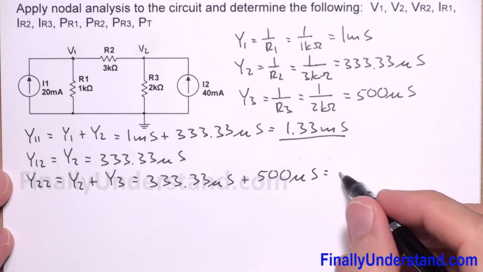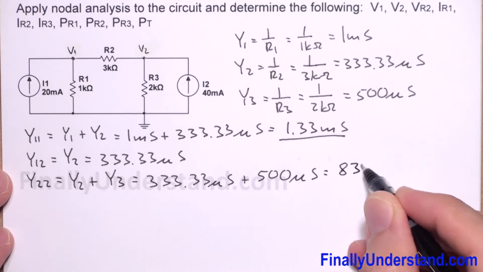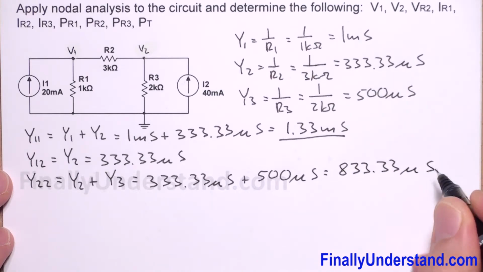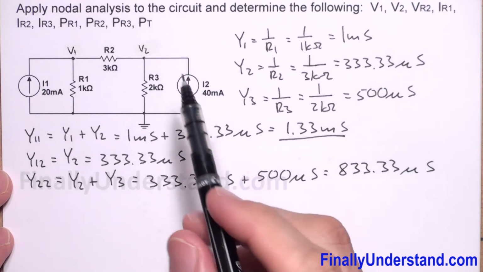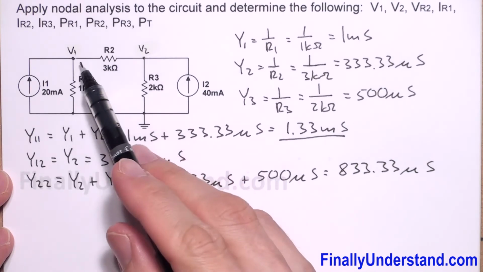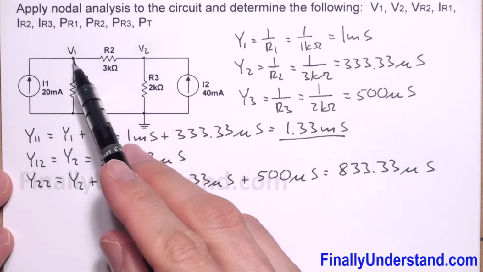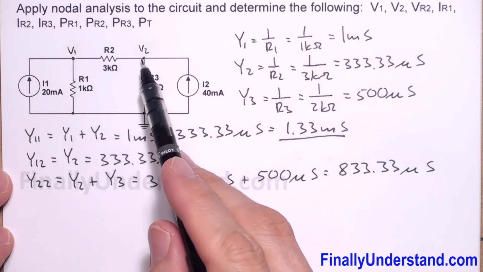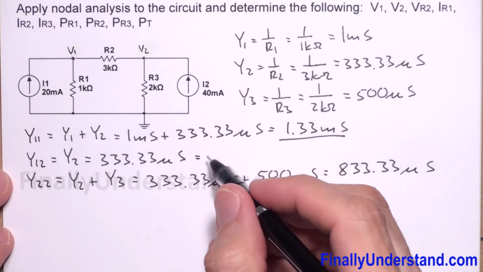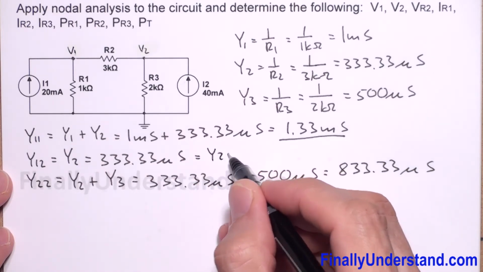This is equal to 833.33 microsiemens. Also, I want you to realize that Y12 is equal to Y21. Okay, the admittance between node 1 and 2 is equal to the admittance between node 2 and 1. That's why this is also equal to Y21.